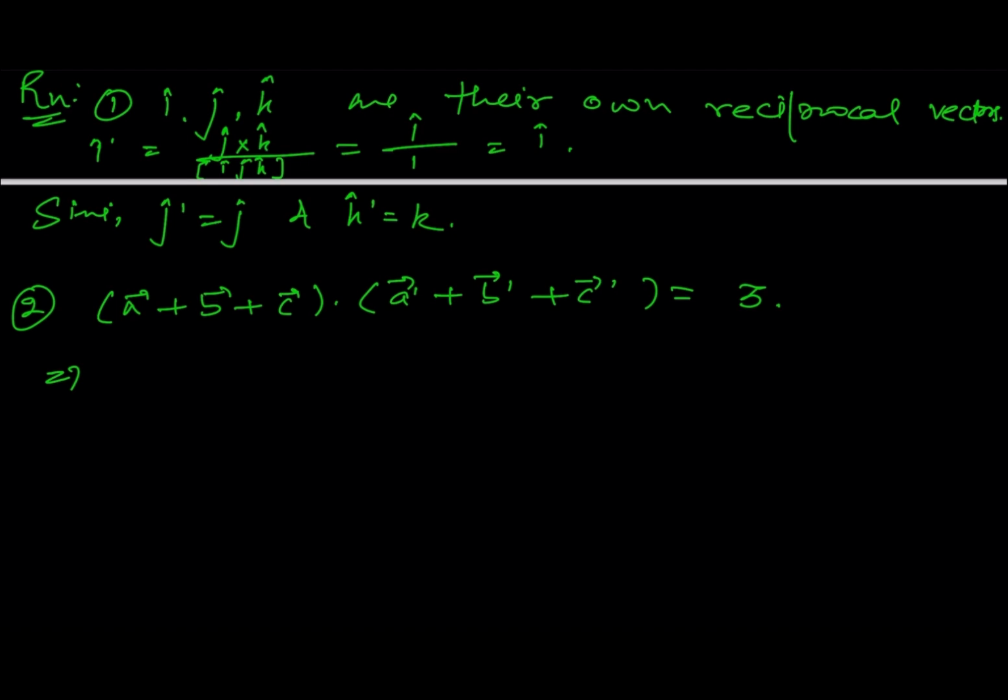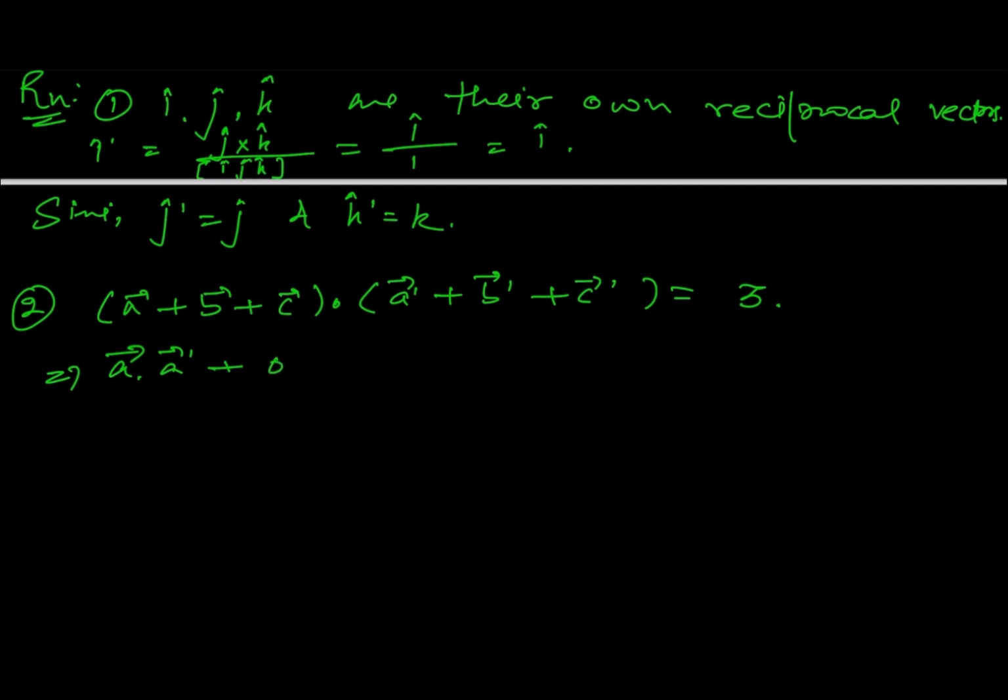Or you can directly multiply. A dot A dash plus A dot B dash, and A dot B dash is 0 because it is A dot C cross A, and A dot C cross A is 0.